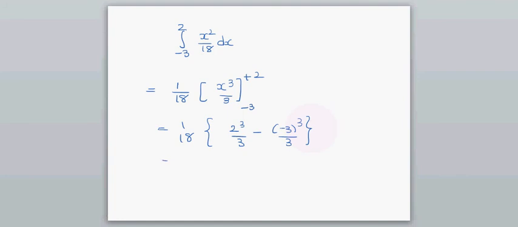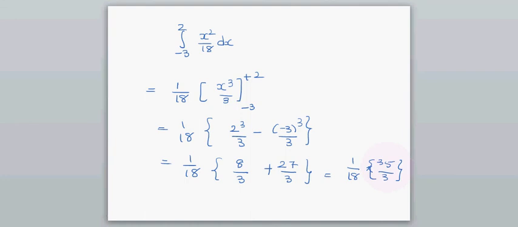When you simplify, this is 1/18 times, 2³ is 8, 8/3 minus -27/3, minus of minus becomes plus 27/3. The LCM is 3, so 8 plus 27, which is 35. 35/(3 into 18), and when you simplify it comes to around 35/54. This is the probability value.